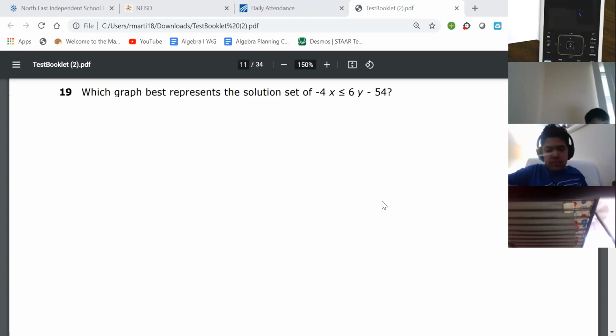Speaking of calculators, if you need one, come get it. Just bring your signed form with you, or if you don't have a printer, you can sign it on your computer and then email it back to me. Or if you want, just come here and tell me you don't have a form, and I'll bring a form with me, but one of your parents has to sign it, so they'd have to come into the attendance office to do that.